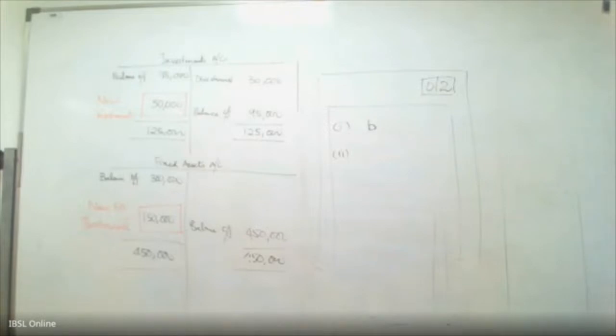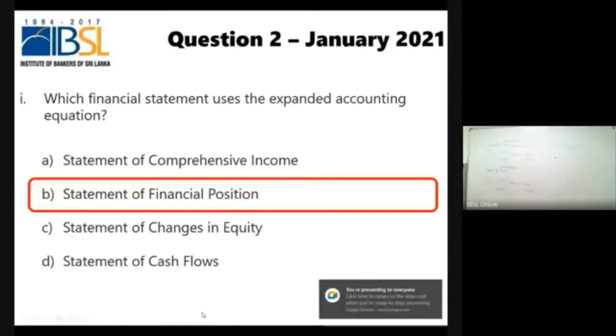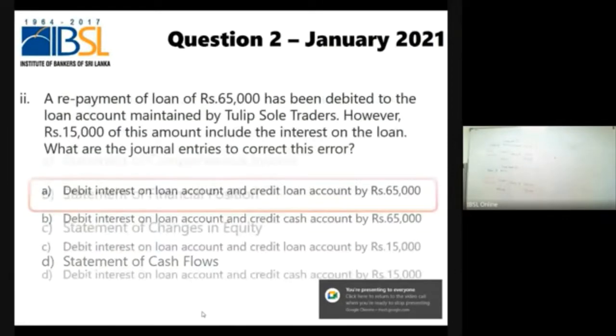Okay? Is that understood? Right. Now we'll get on to the MCQs. So first question, which financial statement uses the expanded accounting equation? It is statement of financial position. Right? Second one, read the question.